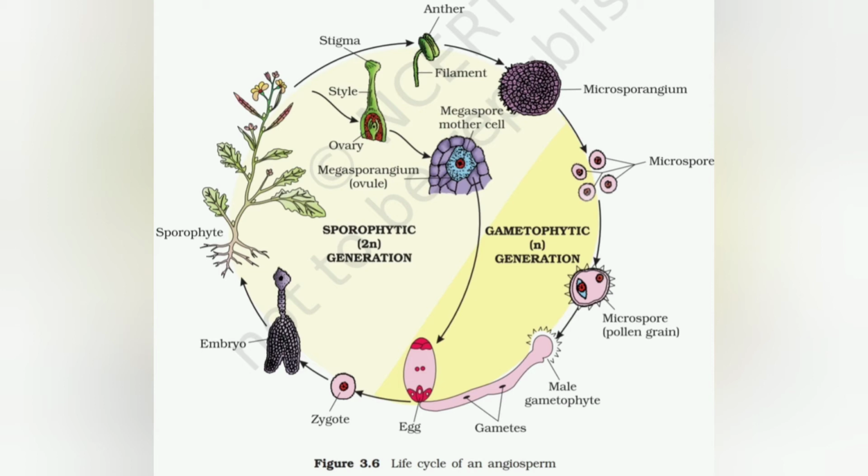After fertilization, the zygote is formed. The zygote starts developing into the embryo, and the embryo converts into a sporophyte. So, till the ovule and megasporangia, the generation is sporophytic, but the microspore and megaspores represent the gametophytic generation.